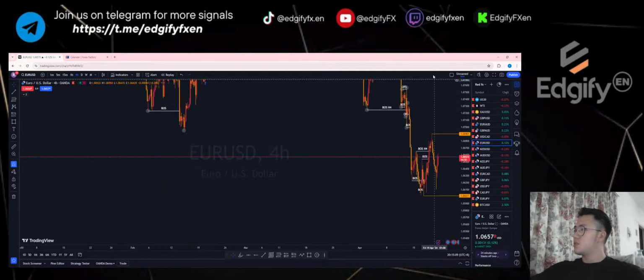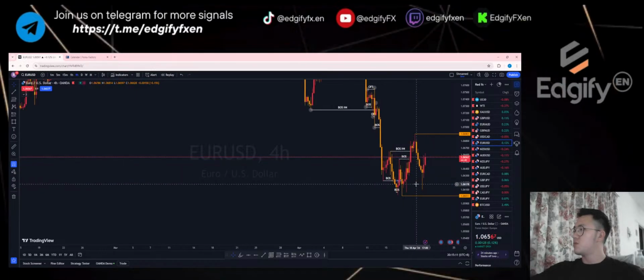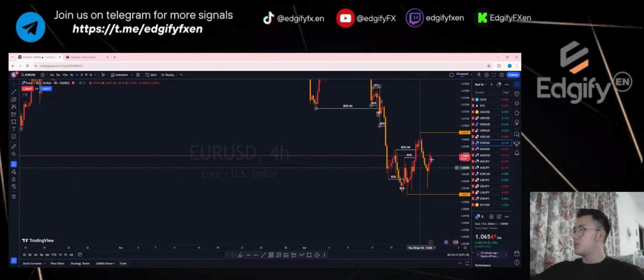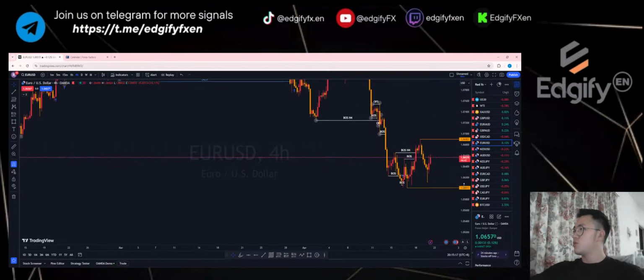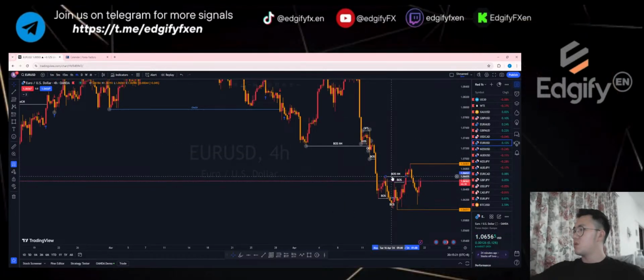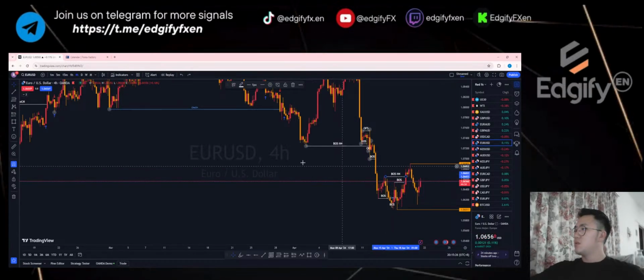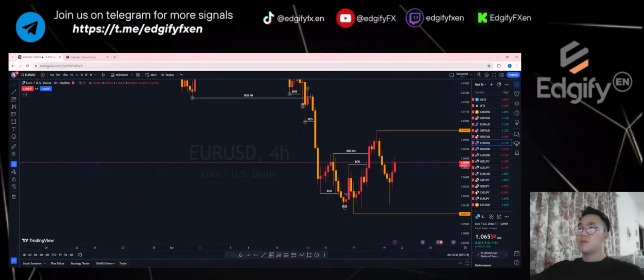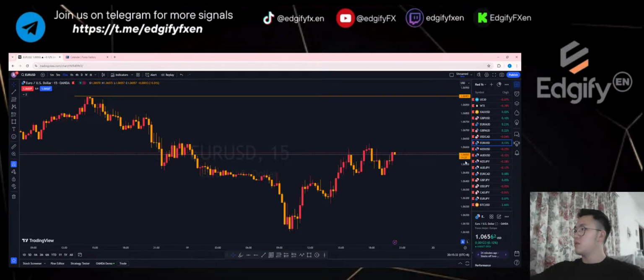Euro USD is at this level now. Okay, this level here, basically we have an upwards movement. Okay, we are looking at an upwards movement here. Let's see on the 15th.